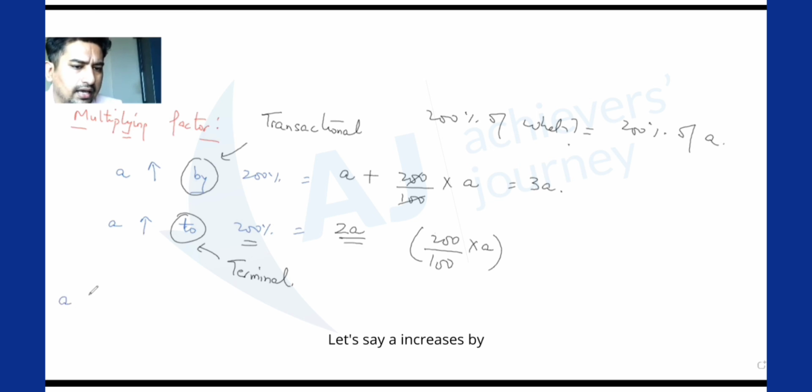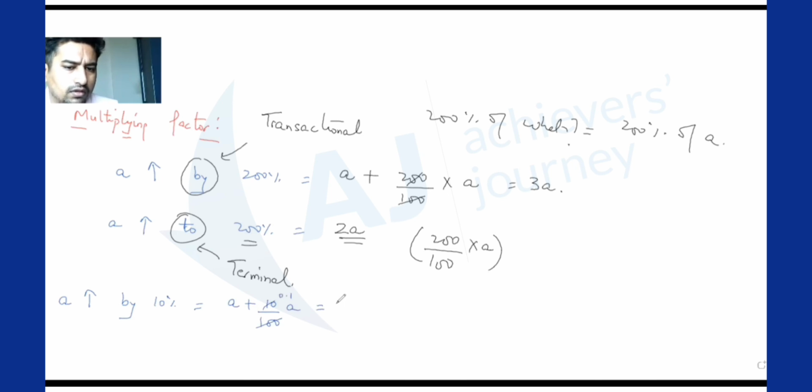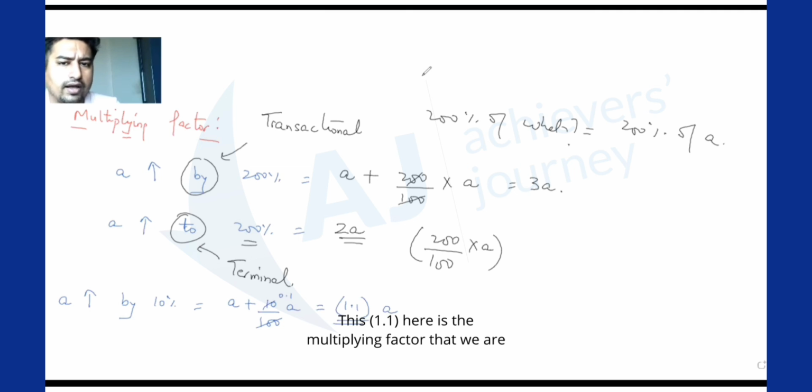Let's say A increases by 10%. So what would be my value here when A increases by 10%? It would be A plus 10 by 100 of A, which is into A. This, if you solve, will give you 1.1 A. This 1.1 here is the multiplying factor that we are talking about.